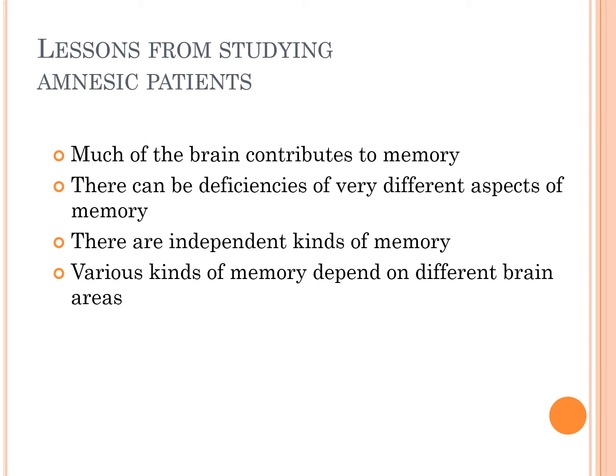So there are these very independent kinds of memory, and various kinds of memory are going to depend on different areas of the brain. That's my overall attempt to keep it as general as possible, even though we've talked about some of the really important areas and their roles.